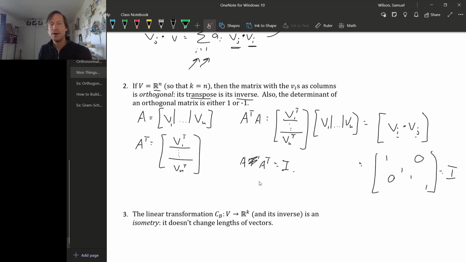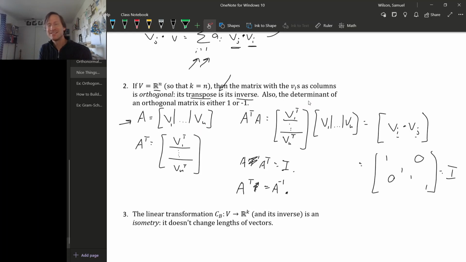So that proves that for this matrix that we got by taking our orthonormal basis and putting it in as columns, A transpose is the inverse of A. So that proves this first thing. This matrix we got is orthogonal. Its transpose is equal to its inverse.